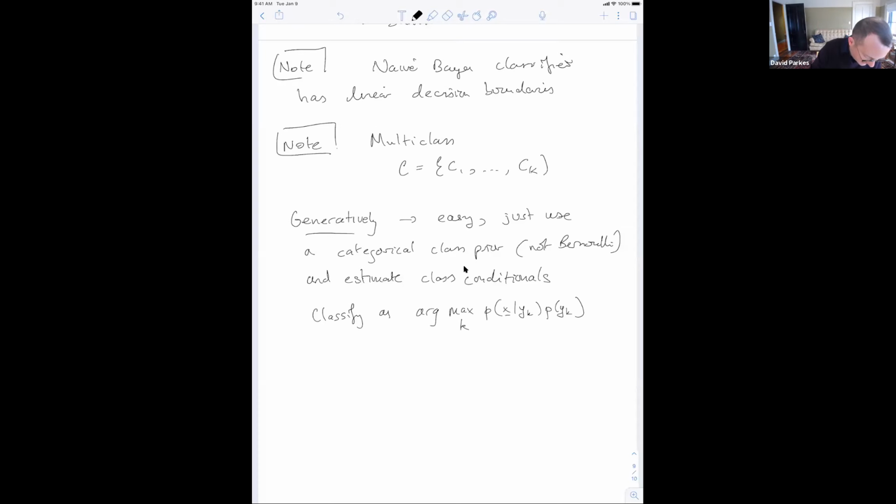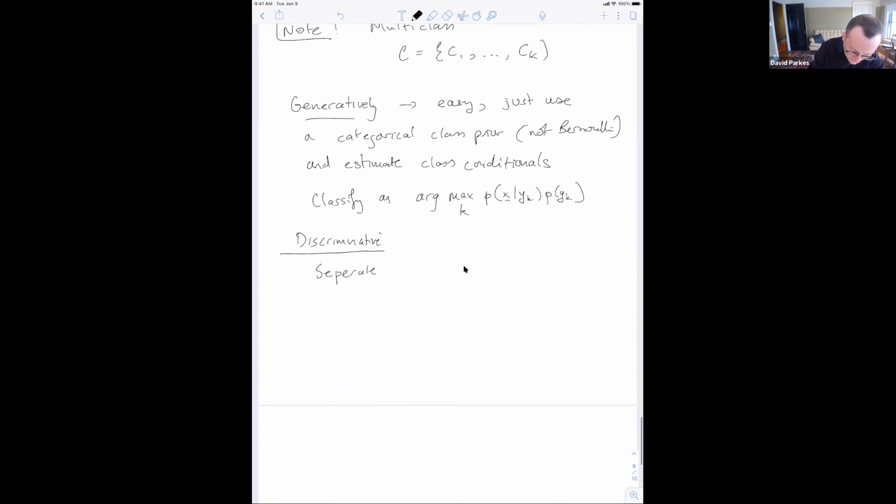And then if we're thinking about the discriminative approach, where we had binary classes and we had one set of parameters, what we would now have is separate parameters WK for each class. And then we would bring the models together.